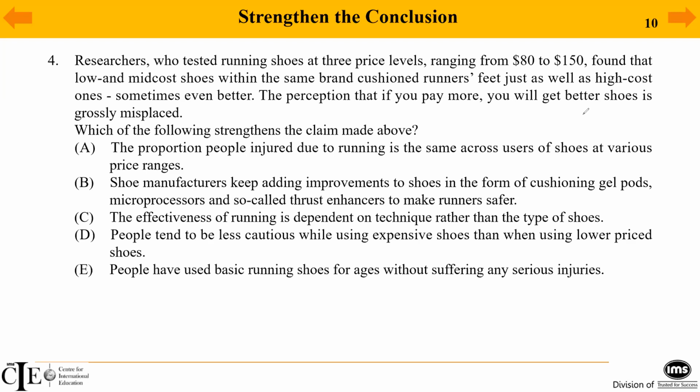C is weakening, Shantanu. It says the effectiveness of running is dependent on technique rather than the type of shoes. It only means that you can purchase any type of shoes.